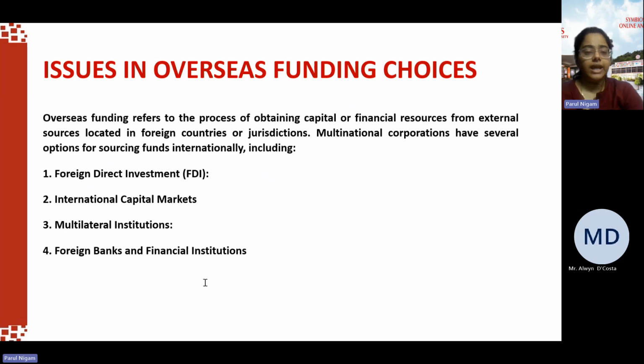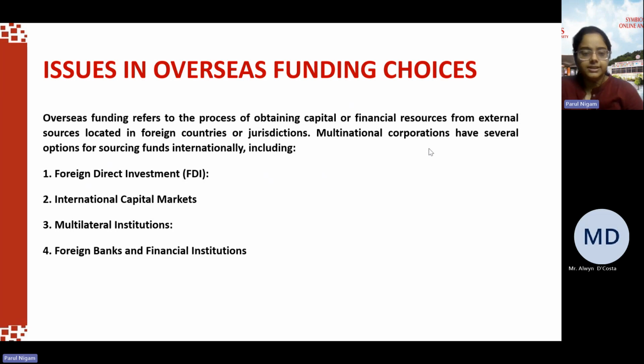And definitely FDI regulations: every government has its own set of FDI regulations. There are certain government incentives, sometimes tax benefits, and then there are certain sector-specific regulations. So there are various types of regulations in the market that impact your decisions.